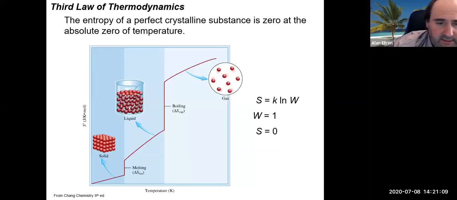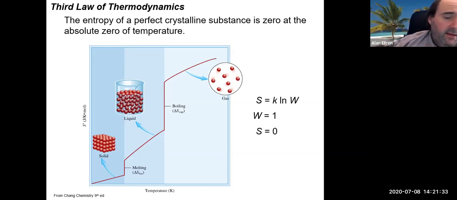So that brings us to the third law of thermodynamics, which is basically the entropy of a perfect crystalline substance is 0 at absolute 0 temperature. So obviously, if you have a perfect crystalline substance, that's like your ionic substances, all perfectly ordered.